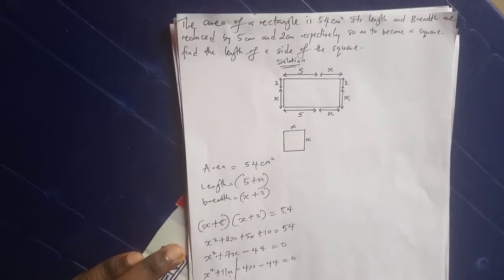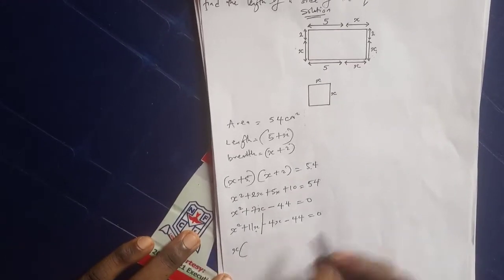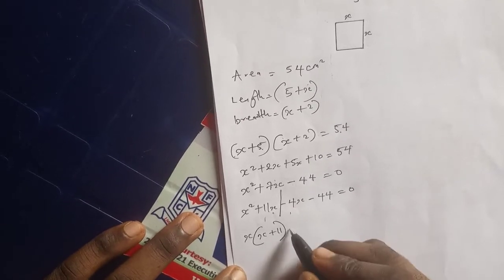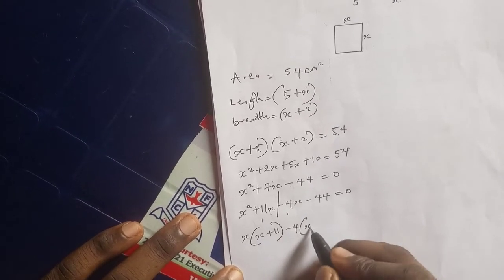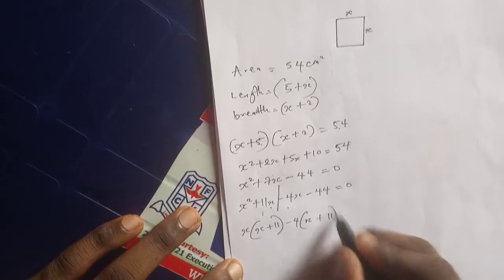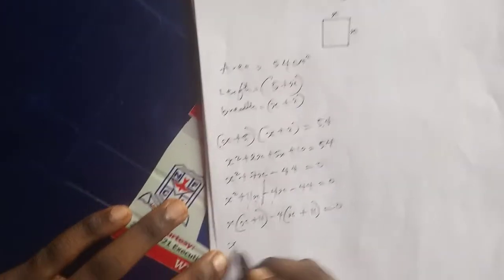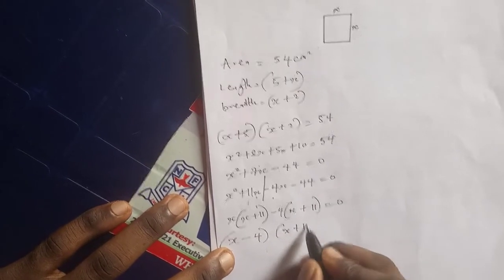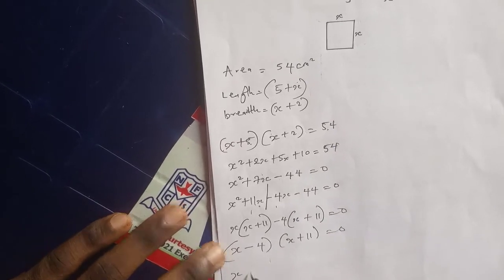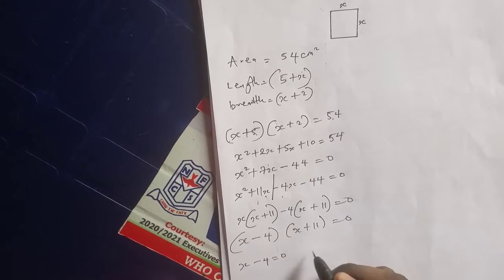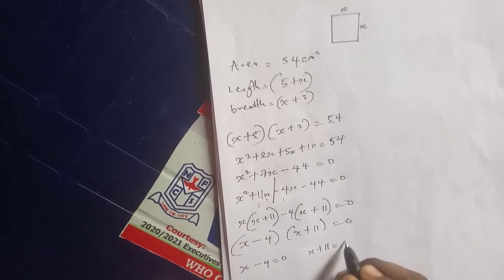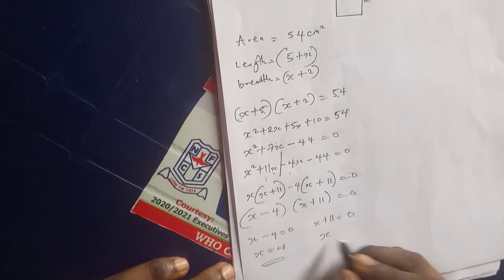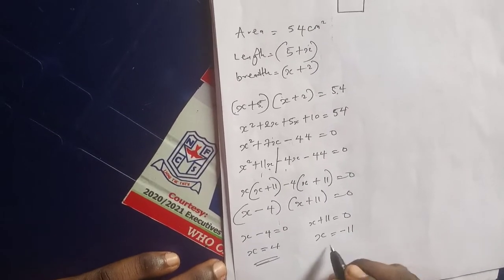Factorizing these, I'll have x plus 11 and x minus 4, so x minus 4 is equal to 0 and x plus 11 is equal to 0. x is equal to 4, and here x is equal to negative 11.